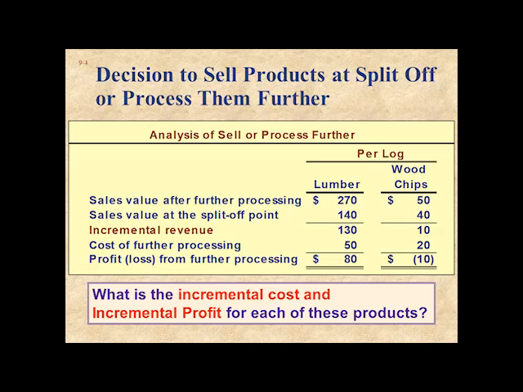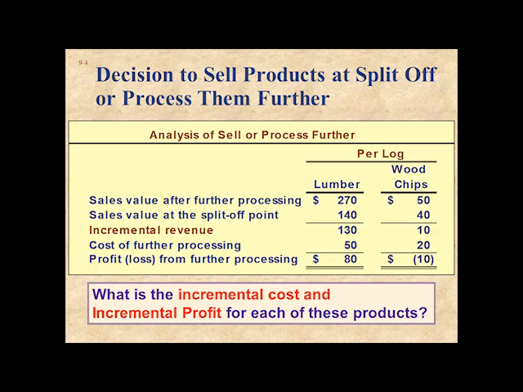Now, to get the product from being at an intermediate stage to becoming a final product costs $50 per unit. Incremental revenue, $130. Incremental cost, $50. Incremental profit, $80. The decision based on the numbers only would be to process further.